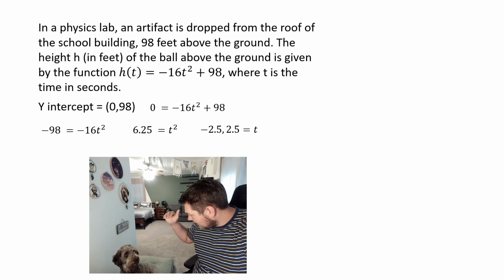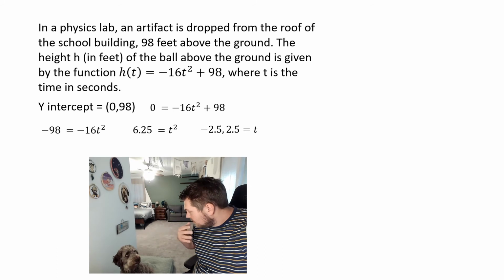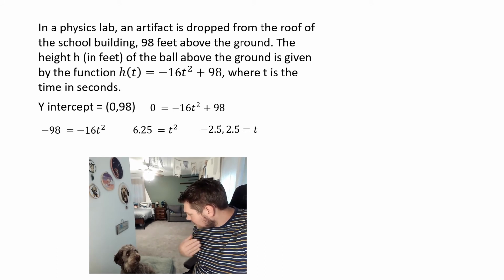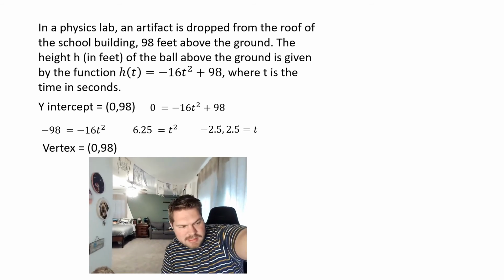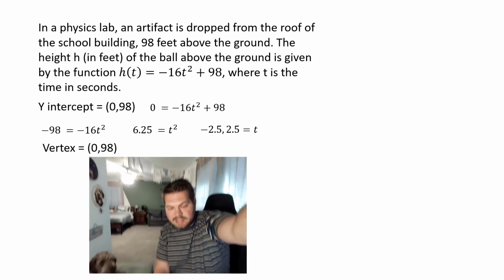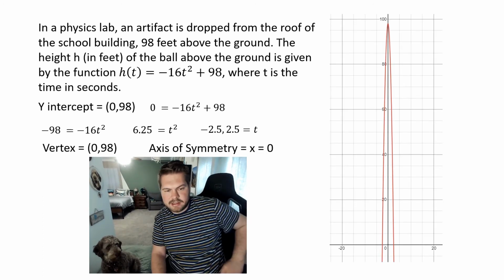So the 98 that our y-intercept is actually the same as our vertex on our axis of symmetry. So our vertex is (0, 98), and let's see what that would look like.